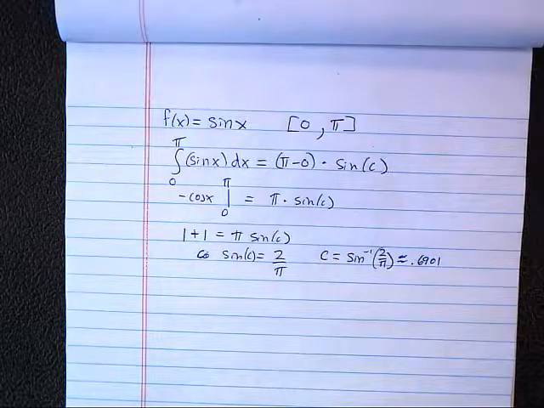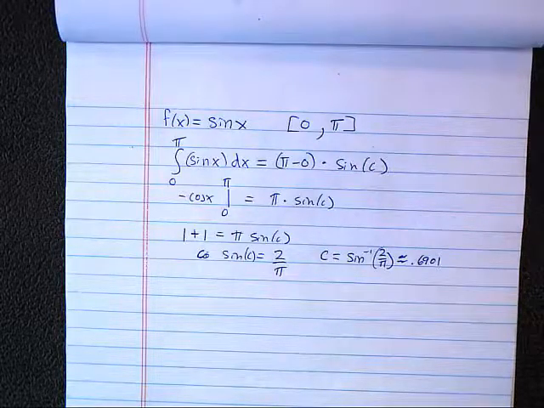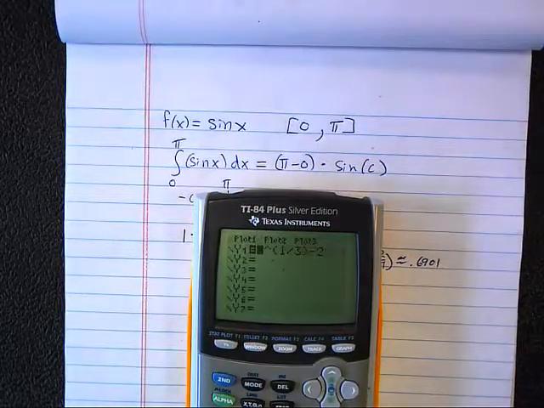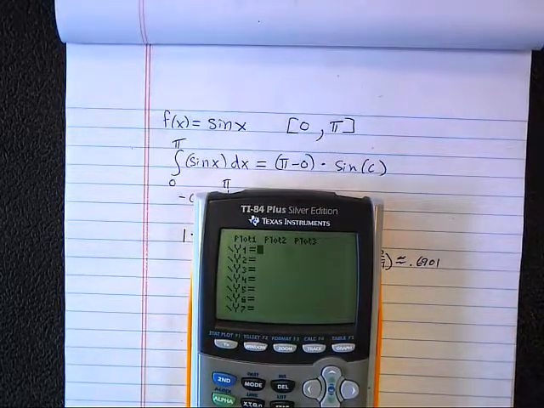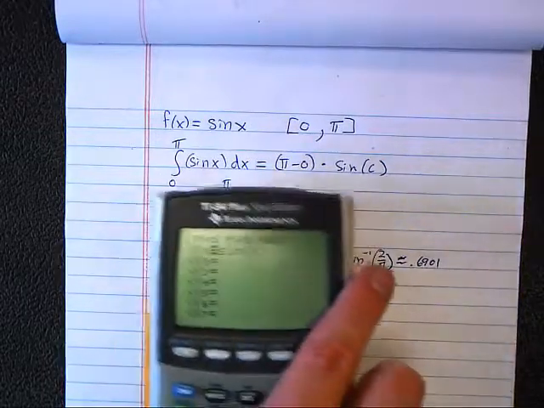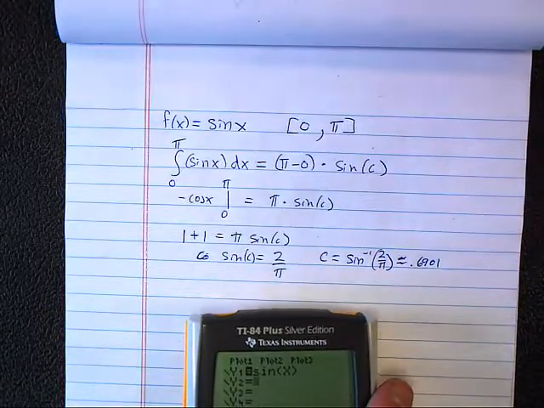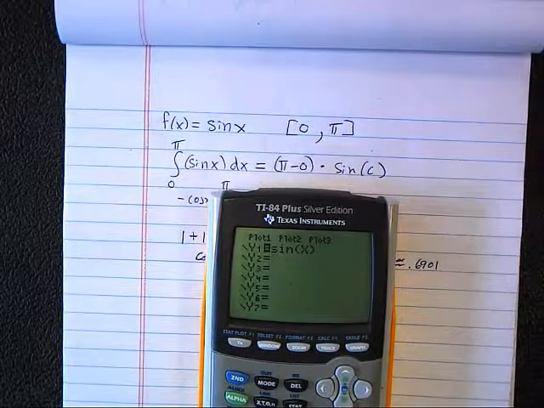Graph what? Oh, sure. So we can see the little box. So we're going to graph sine x. And then we're going to graph sine of sine inverse of 2 over pi. That's just 2 over pi.